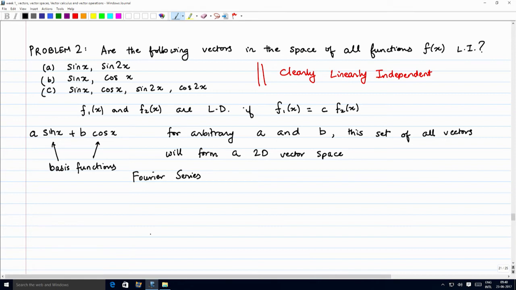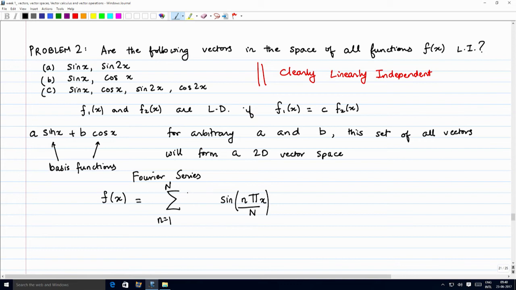Okay. So, in Fourier series, what is done is you write a function f of x as a linear combination of sin n pi x by capital N, summed over n equal to 1 to N, and you have some coefficient.